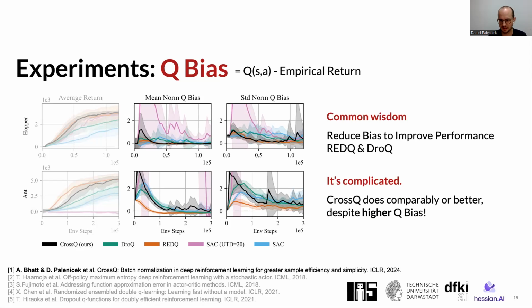You can kind of see REDQ has the lowest Q function bias. It's exactly doing what it's designed for, but CrossQ, in those examples here, matches the performance despite having a higher or sometimes even much higher Q function bias. So yeah, the story is not that clear in regards to this.